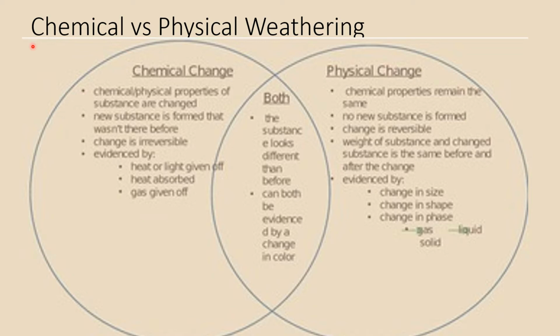But just our weathering. We can have our weathering in a couple of different ways. We can have chemical and or physical weathering. Just like you would have seen in a chemistry class, chemical change versus physical change. So think back to what you would see in a chemistry class. And I know not all of you have had one yet. So if you do have a chemistry class, you'll see a lot of this.